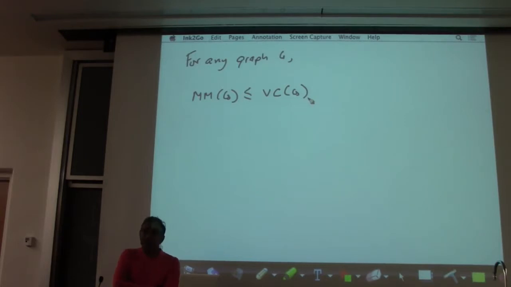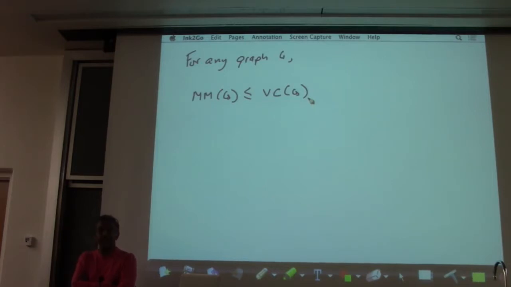There is no way to cover two edges of the maximal matching by one vertex because they're disjoint from each other. Every edge needs its own special cover. So the number of vertices in your vertex cover is at least the size of this maximal matching. I'm not saying it's more, but it's at least the size of this. And that's a lower bound right there. We have now produced a lower bound on the vertex cover in terms of a matching in the graph.